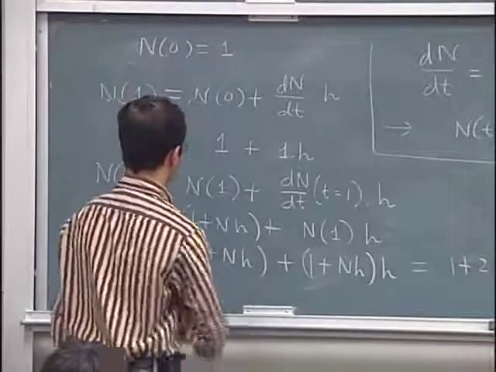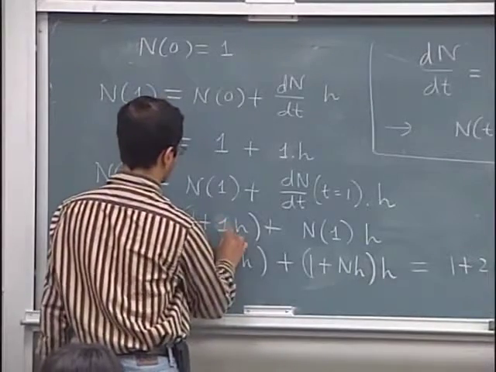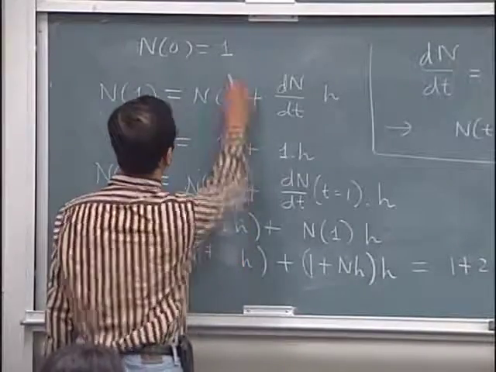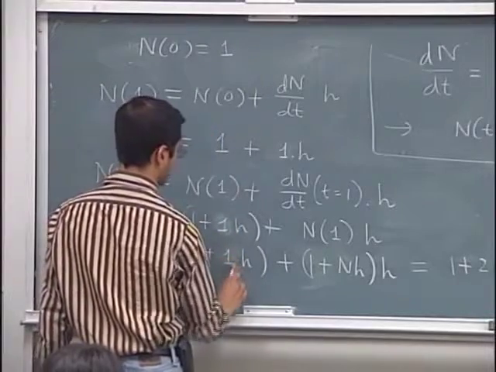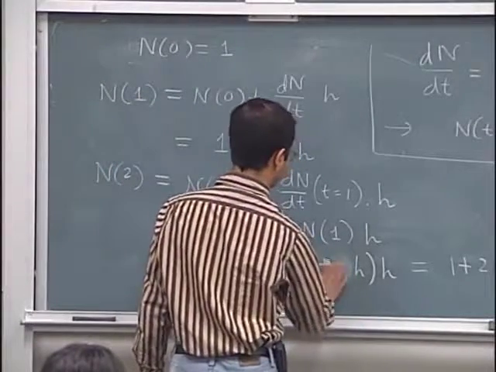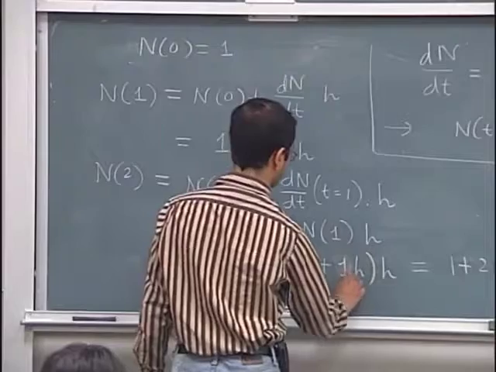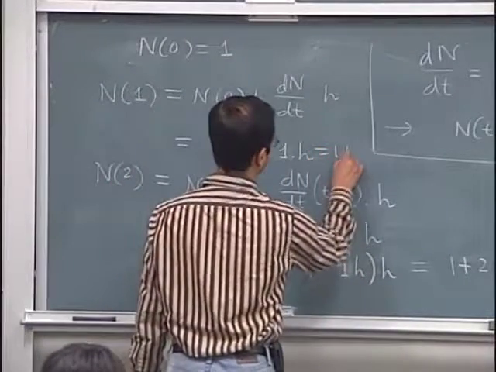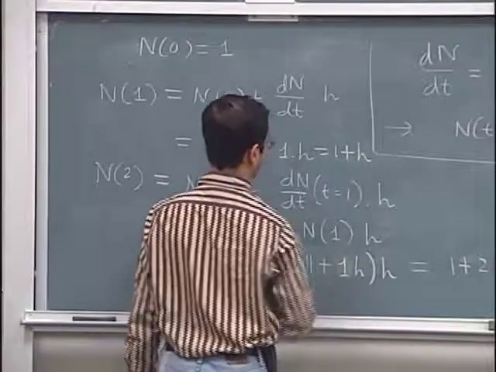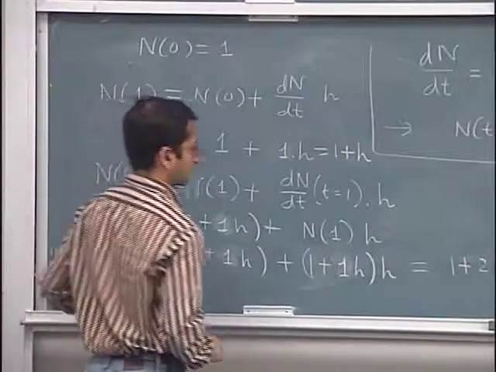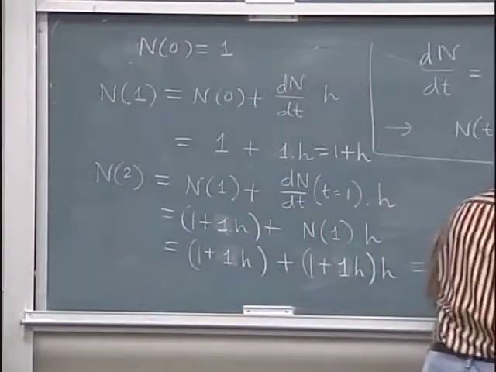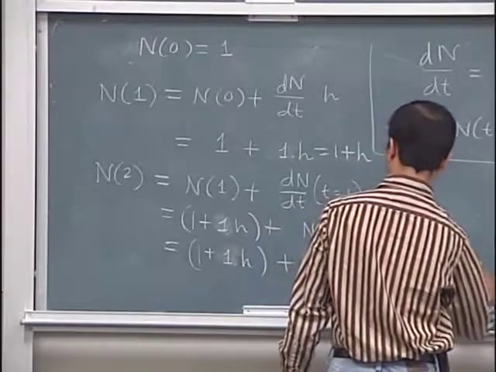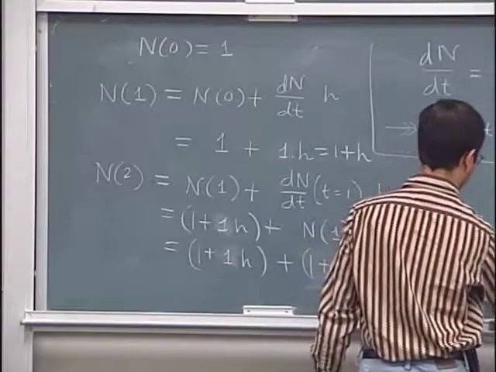So n of 0 is 1. So this is 1 plus h. So this should be 1 plus 2h plus h square.